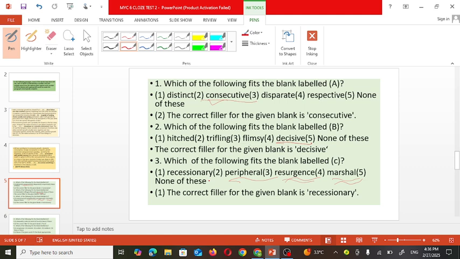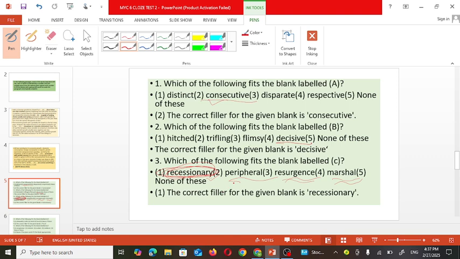What do they mean? Recessionary, you are able to get the point. That means when there is a contraction in the economy, slow growth rate, the condition is not favorable for the economy, that is recession, mandi ka type.